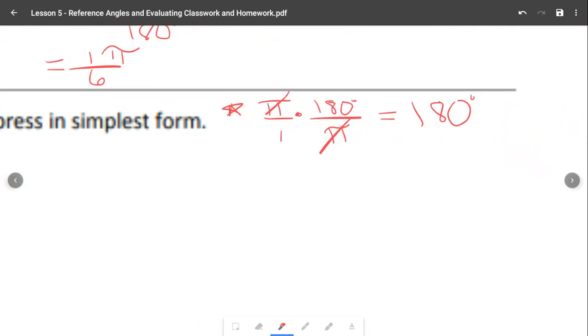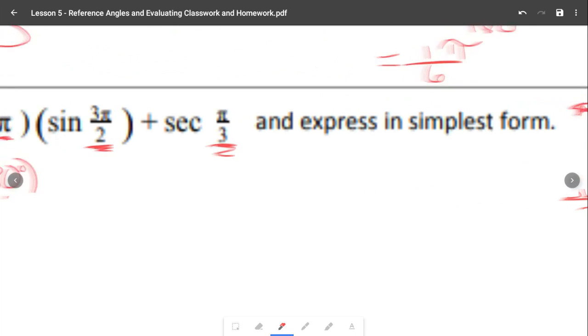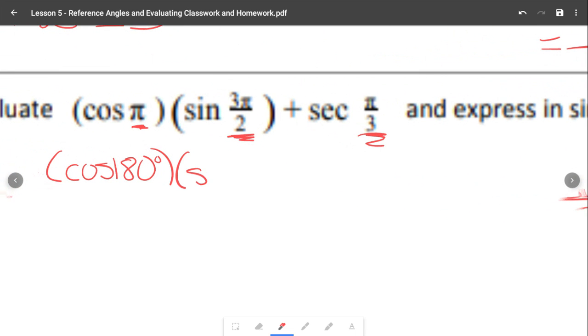Next, we had a 3 pi over 2. We're going to multiply by 180 over pi again. The pi's cancel, and then 3 over 2 times 180 is 270. So here now we have sine of 270.